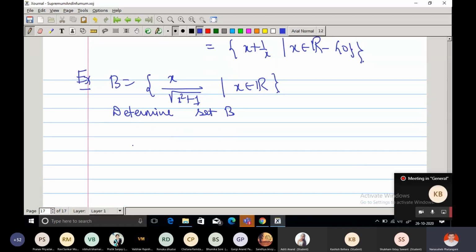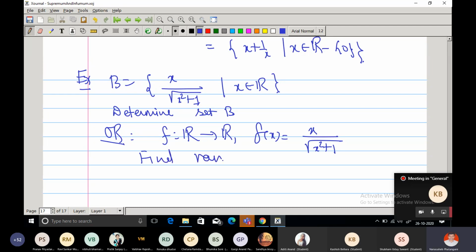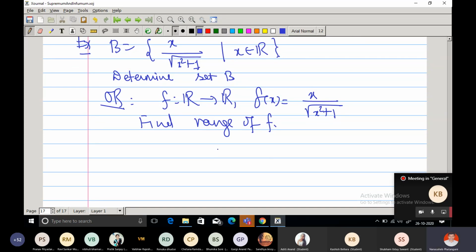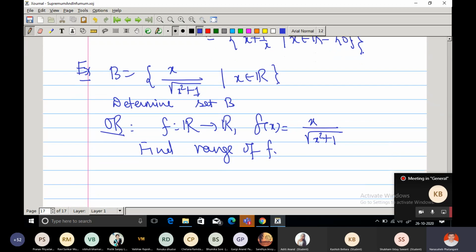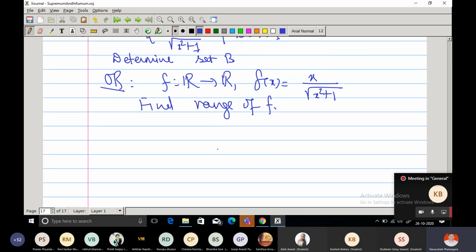That is a different story, but first of all, determine the set. Or if I define f from R to R, f of x is equal to x upon square root of x square plus 1, then find the range of function f, and then you think about supremum, infimum, and all other things. Correct? Yes, sir. Right. Do you understand the problem?